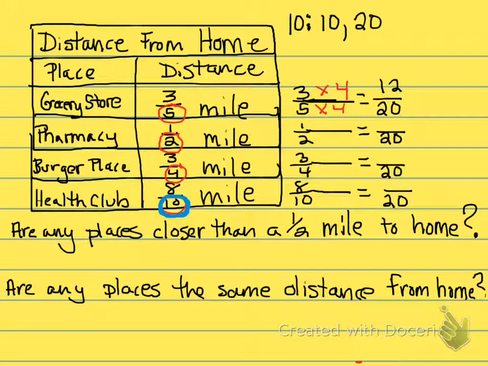So 3/5 and 12/20 are equivalent. So another name for 3/5 is 12/20. 1/2. If I multiply 2 by 10, I will get 20. To make an equivalent fraction, I have to do the same with the numerator. So I have 10/20.